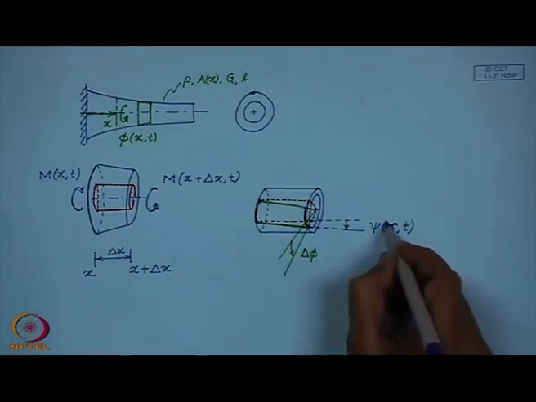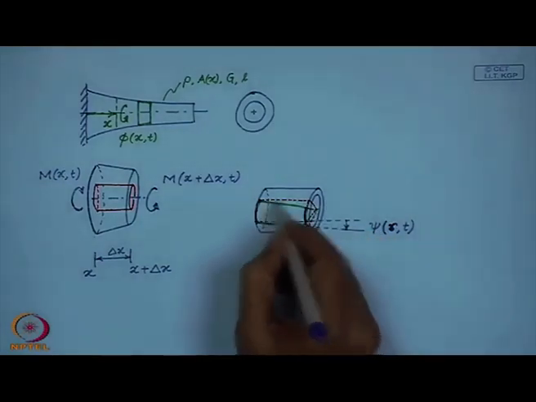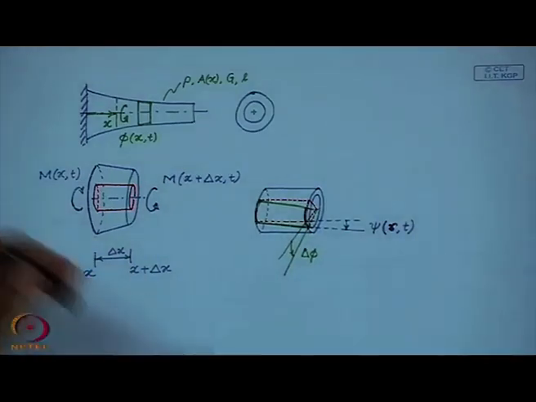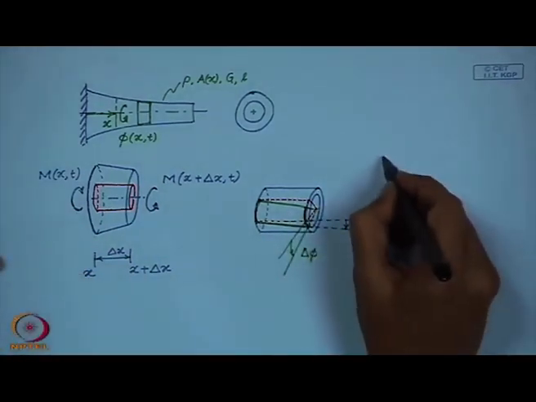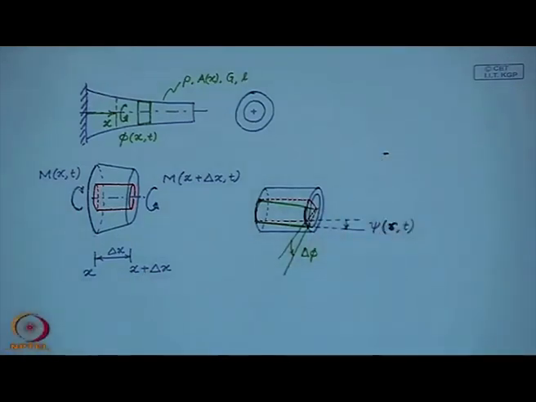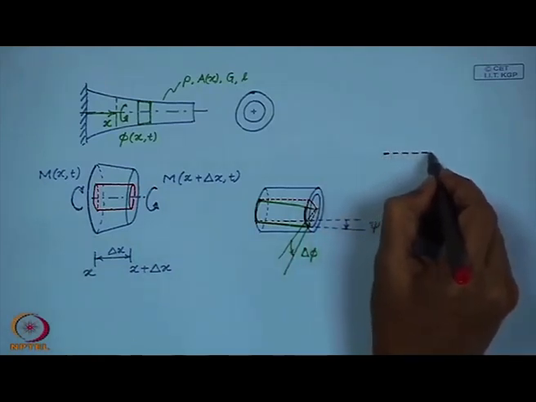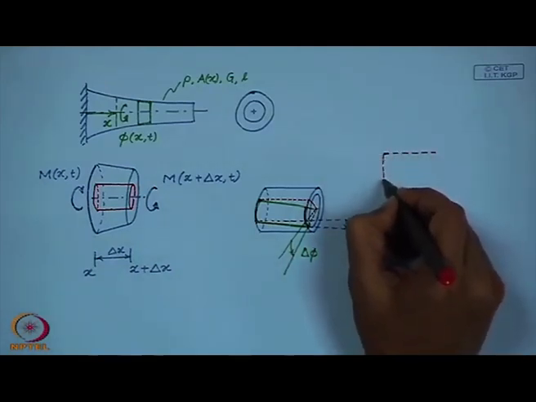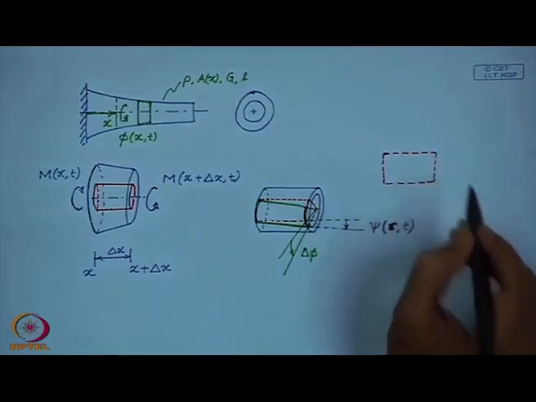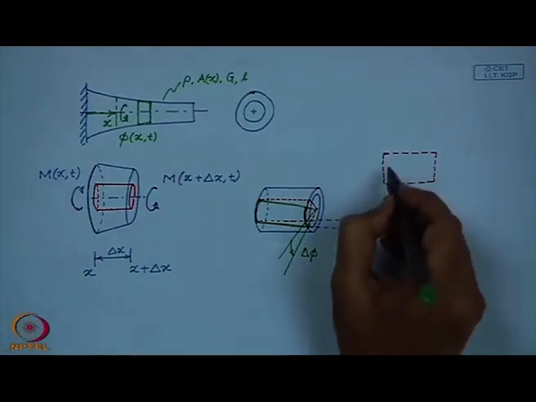Now, this shear strain is a function of the radial position of this element. So, if I draw these two elements once again, this was the red element which was before the deformation.